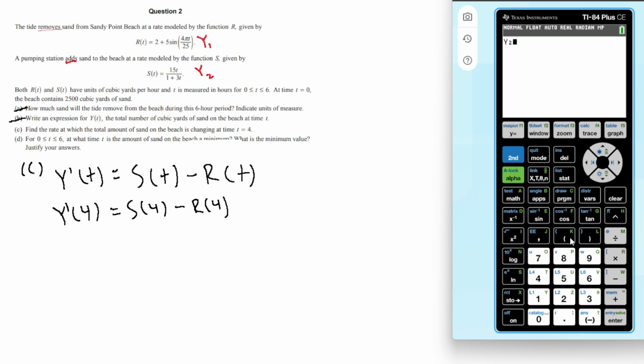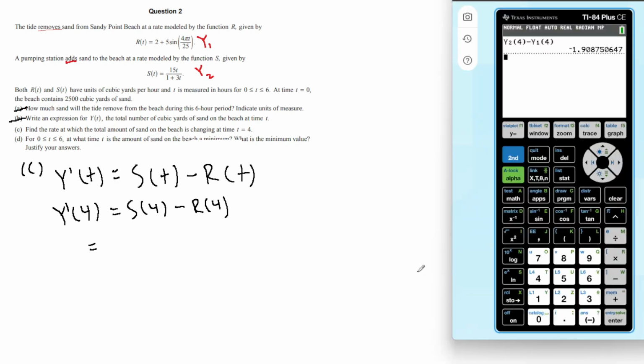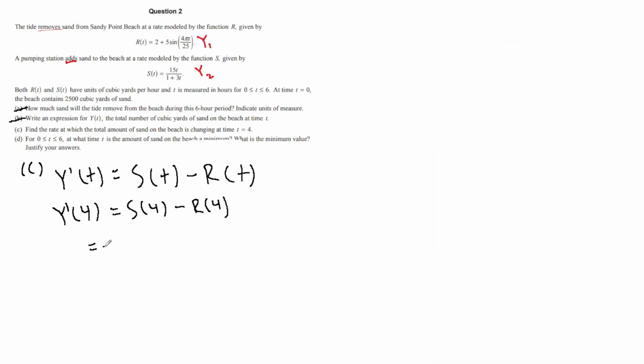Now we have y2 of 4 minus alpha trace y1, because that's our sand removal function, of 4, and then hit enter, and we get negative 1.909.